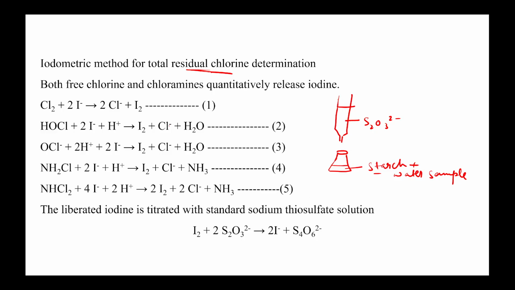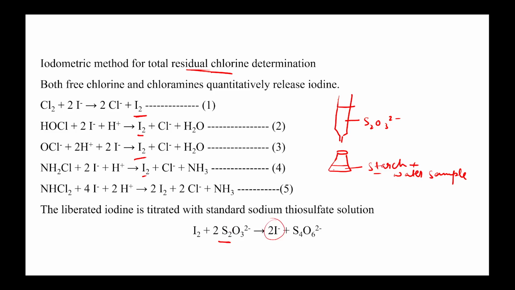The iodine that is released from all these chlorine and chloramine compounds will start reacting with the sodium thiosulfate ions to again get converted to iodide ions.